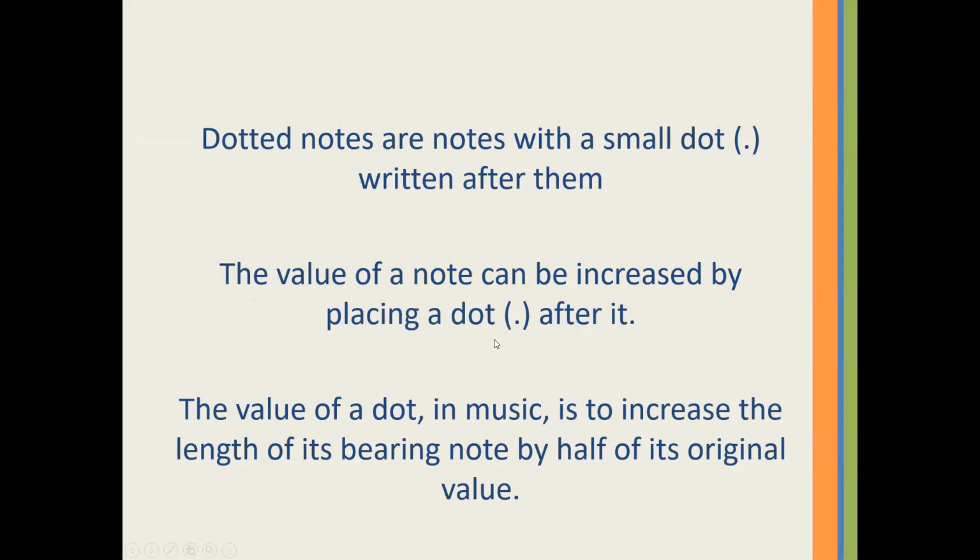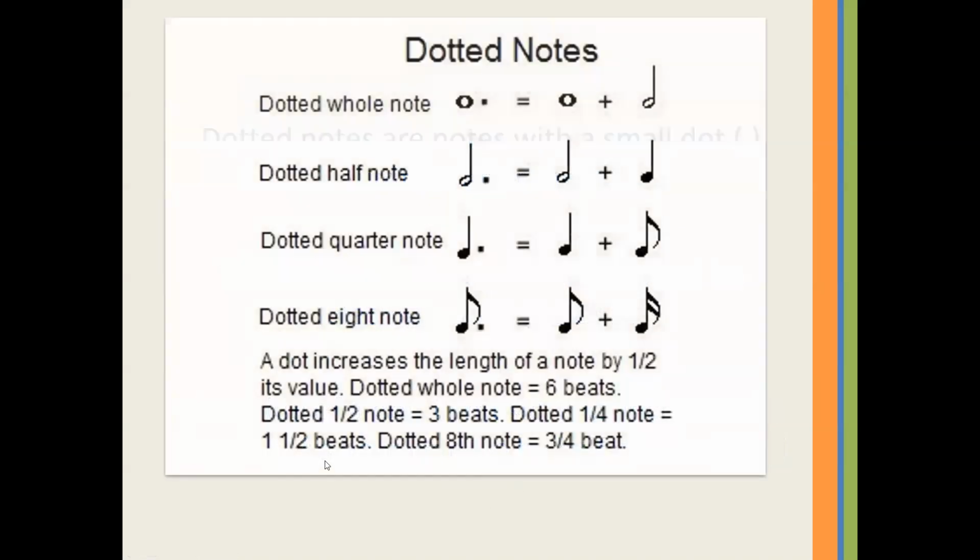By half. Always, if we see a dot, we take the value of this note, divide it by 2, and add it to the value of that note. The value of a dot in music is to increase the length of its bearing note by half of its original value.